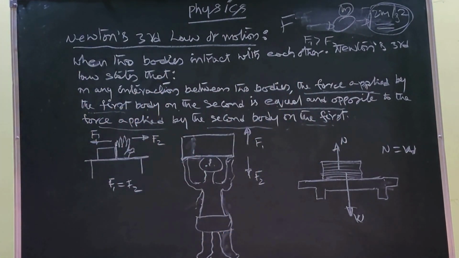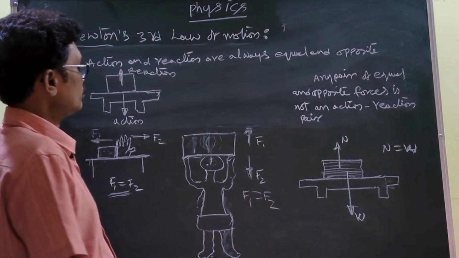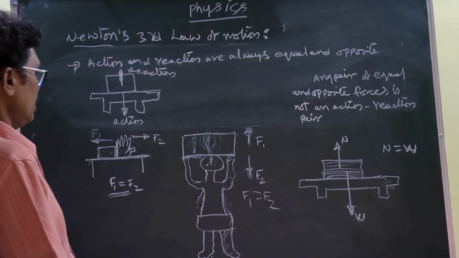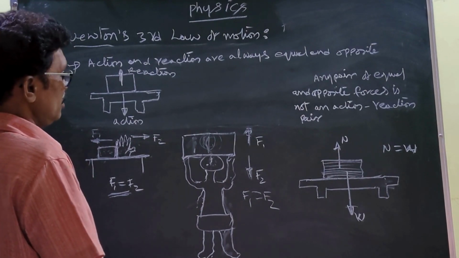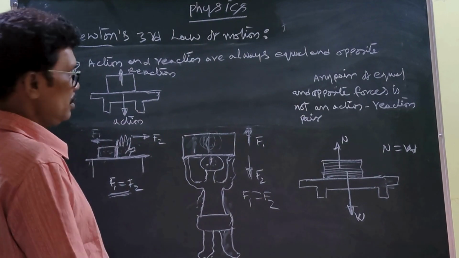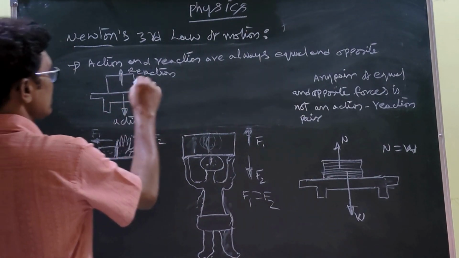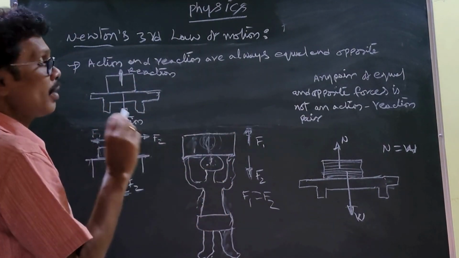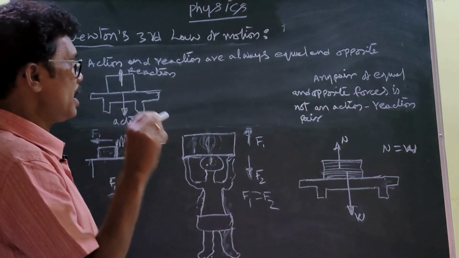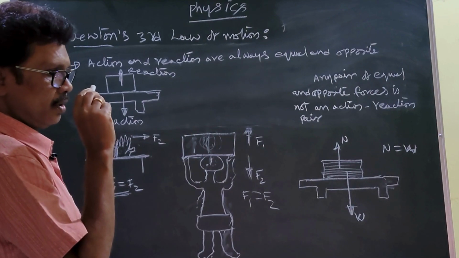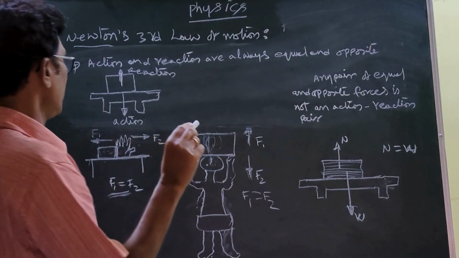That is Newton's third law. Okay, we can take two examples to understand Newton's third law. Action and reaction are always equal and opposite.